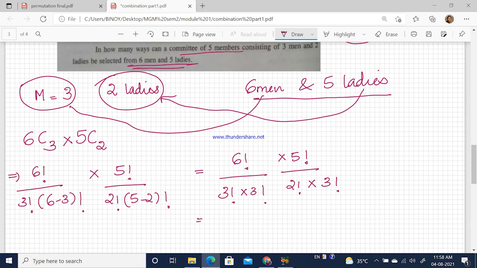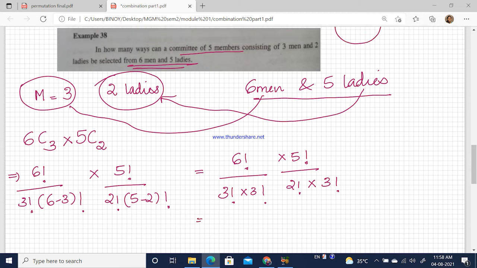Either you can apply it in the calculator as 6C3 times 5C2, or you can do it this way. 5 factorial can be cancelled by 3 factorial, and you will get 4 into 5 over here. 2 factorial is same as 2, so you can cancel and you will get 2 over here.